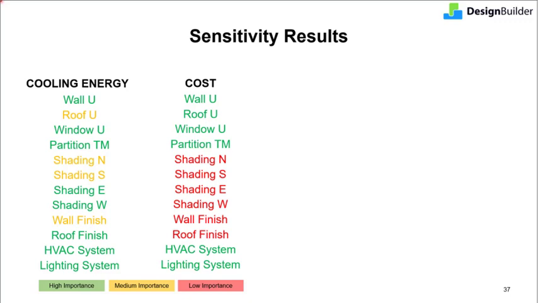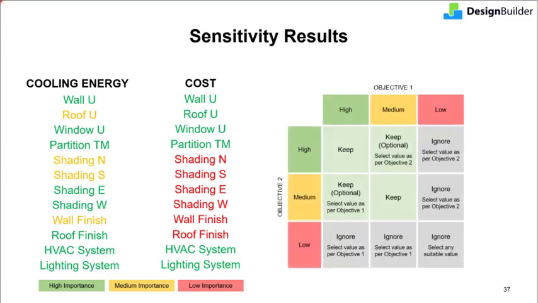Variables are highlighted based on their level of sensitivity. Variables with low, medium, and high importance are marked as red, yellow, and green respectively. With this ranking and following this decision matrix, design variables in optimization were reduced from 12 to 6.